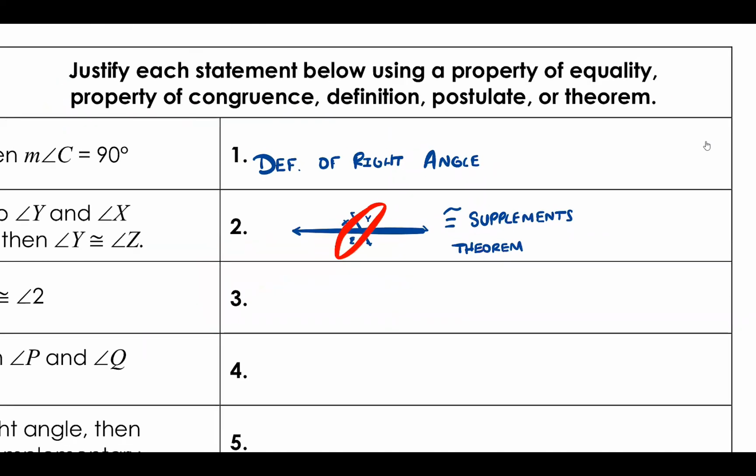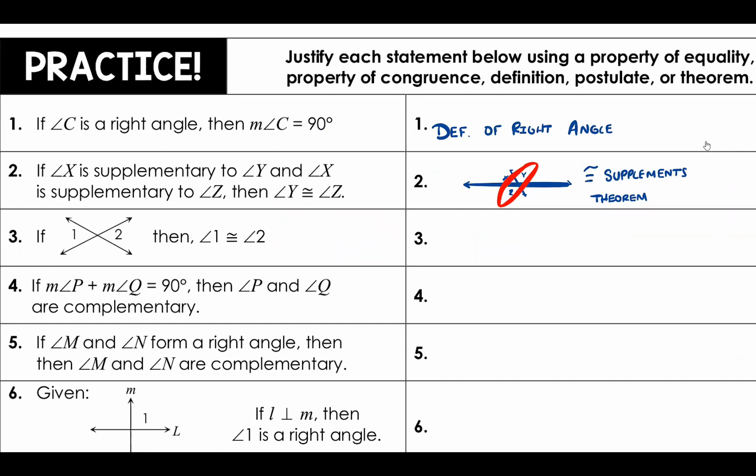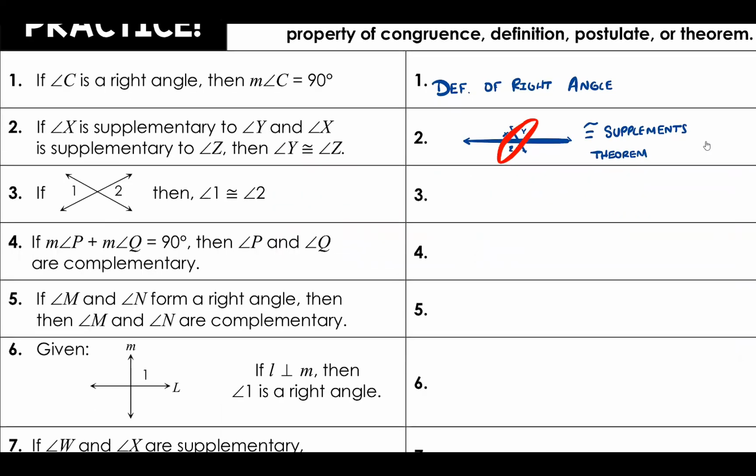If angle 1 and angle 2 are created by two intersecting lines, then 1 is congruent to 2. How do I know that? Why? Vertical angles. Yeah, so when I see my X, I know opposite angles are always what?